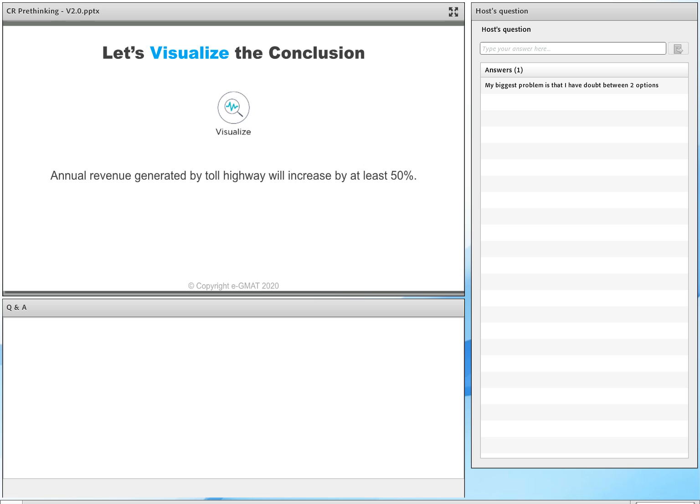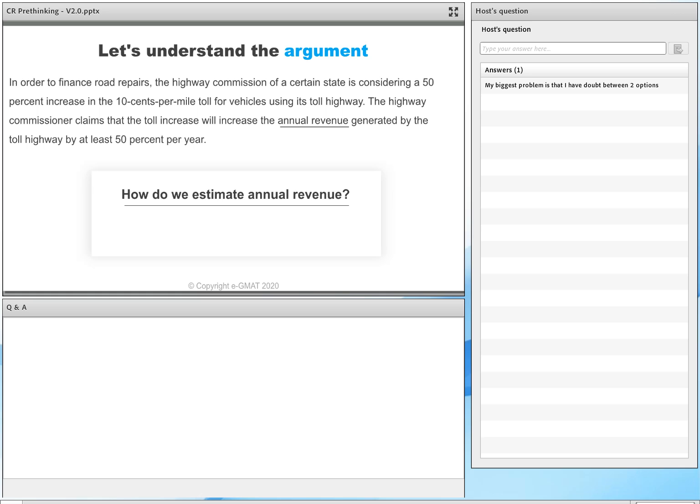So let's visualize the conclusion. The claim made by the Highway Commissioner is that the annual revenue generated will go up by at least 50%. So the question is, how do we estimate annual revenue? Can you guys tell me?